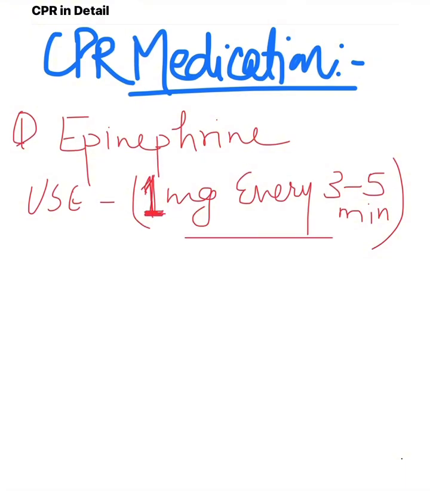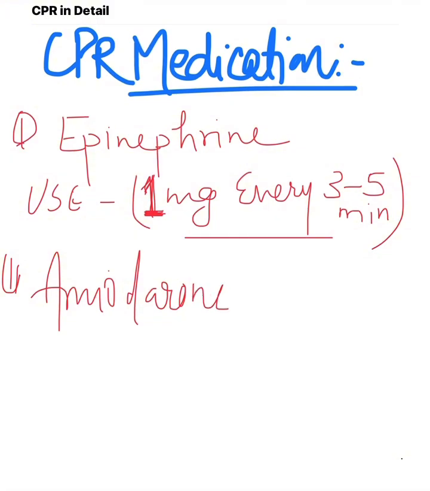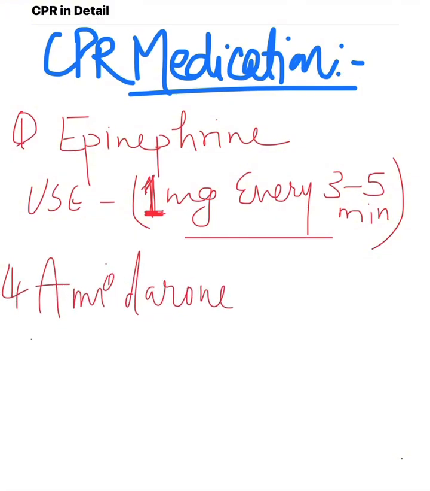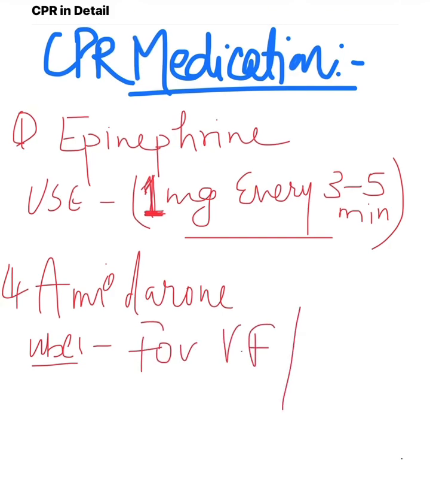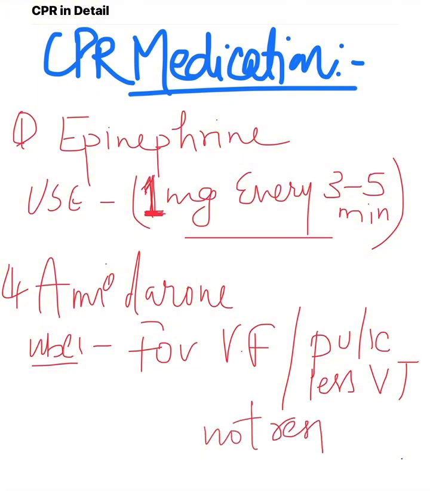Next is amiodarone. It is used for VF and pulseless VT, pulseless ventricular tachycardia, not responsive to shock.